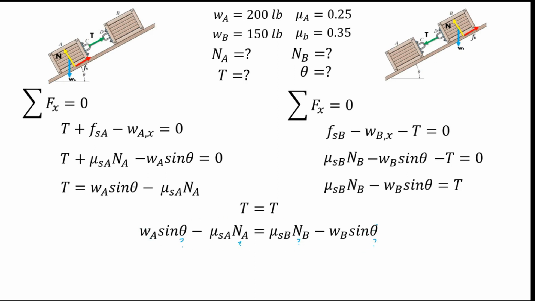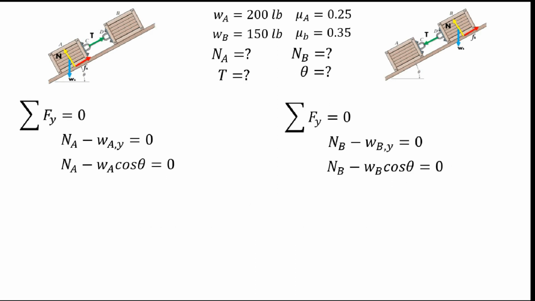So in solving a problem, there should be only one unknown, and we have to replace this NA and this NB. To do that, we will use the equations that we have for the forces along Y. If we review, the forces along Y of crate A is NA minus WA cos theta, and the forces along Y on crate B is NB minus WB cosine theta.